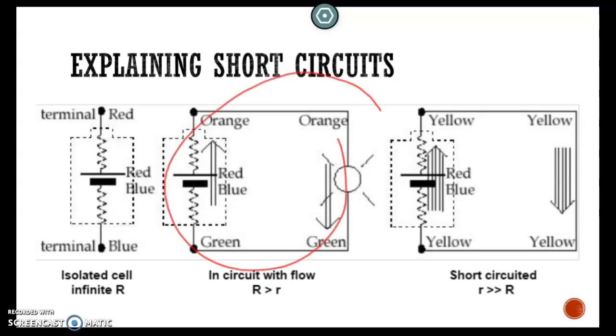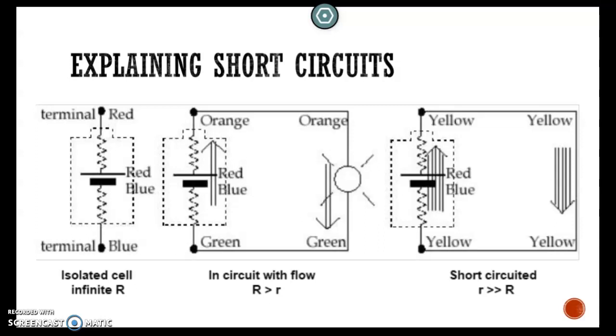In this middle figure right here, there is an external flow path that's present, right? It goes around like this. And in this case, this external resistance, which is from this bulb right here, is greater than the internal resistance, right? It is greater, but it's not much greater. It's not infinitely greater.